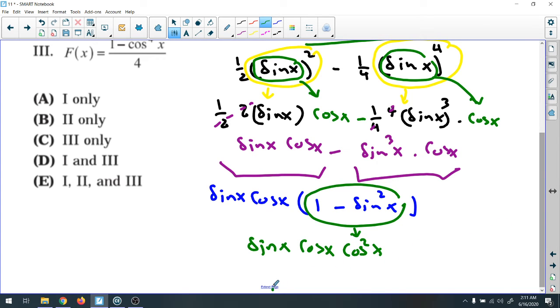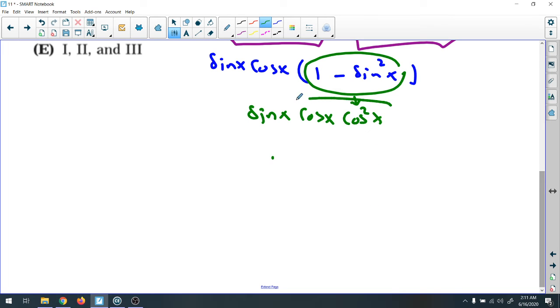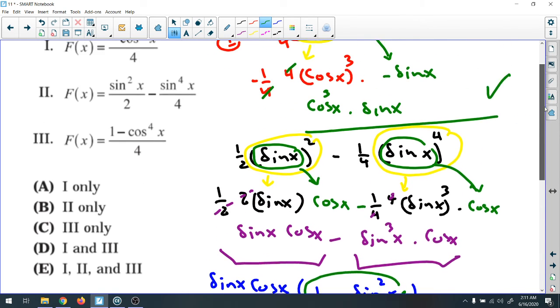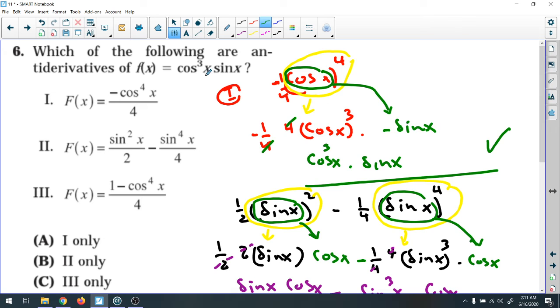So how many cosines do we have? We have cosine x times cosine squared, which is cosine to the third of x times sine x. Look at the original function: cosine to the third x sine x. So the second part, yes.